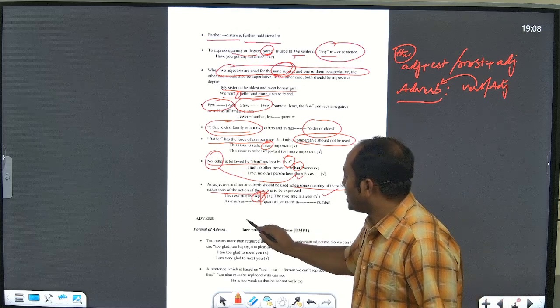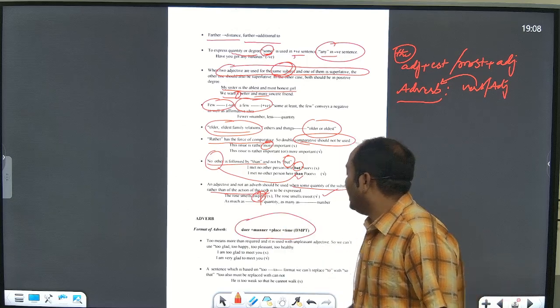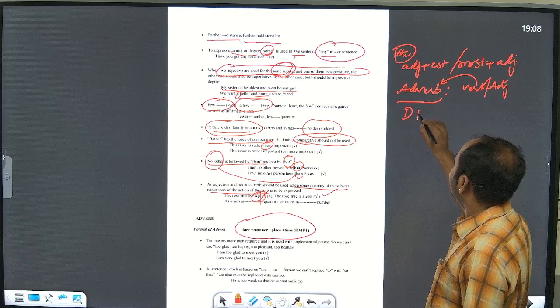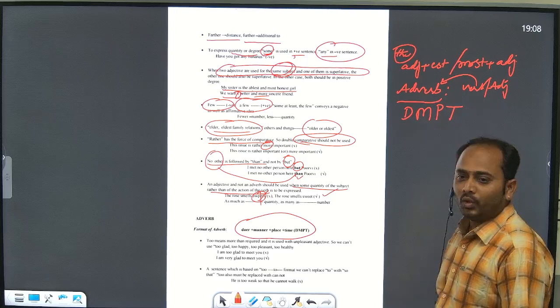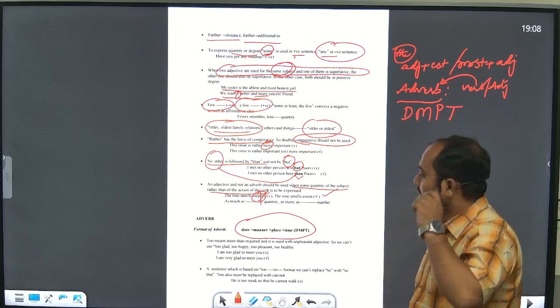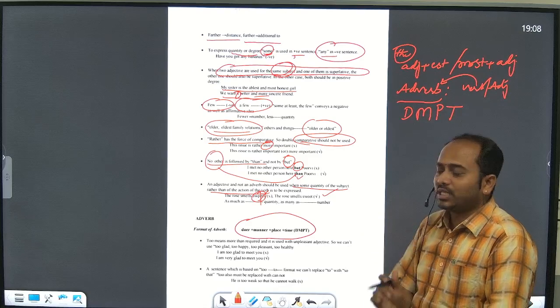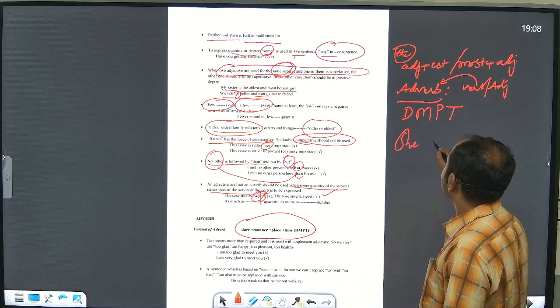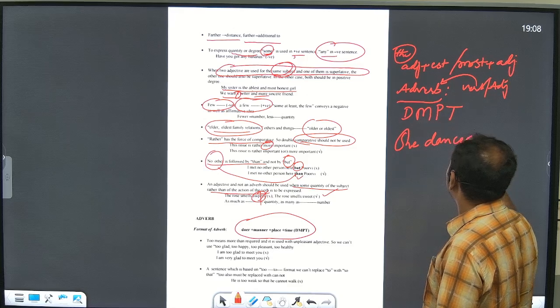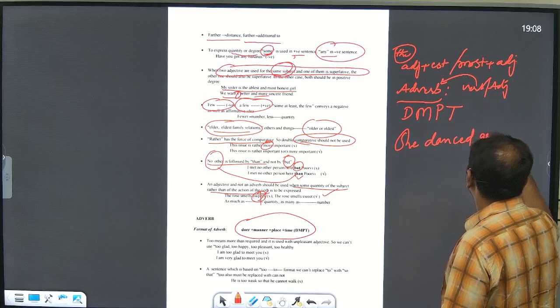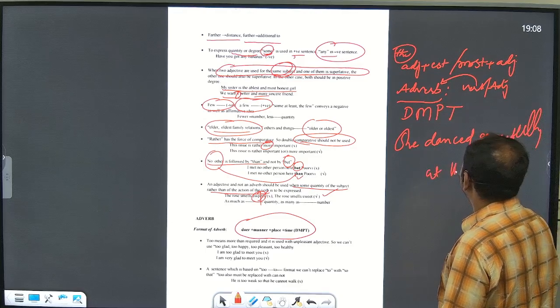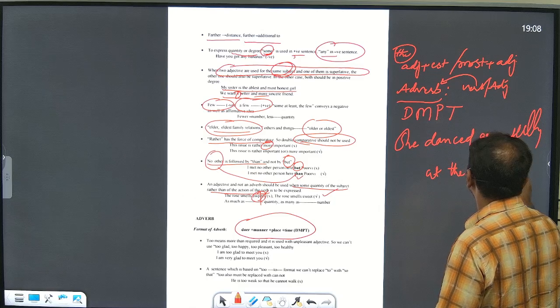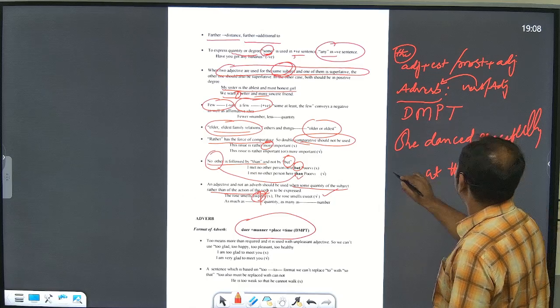And for adverbs also we have a format: DMPT. Doer, manner, place, time. First, doer means who does the work. She danced gracefully yesterday at the concert.